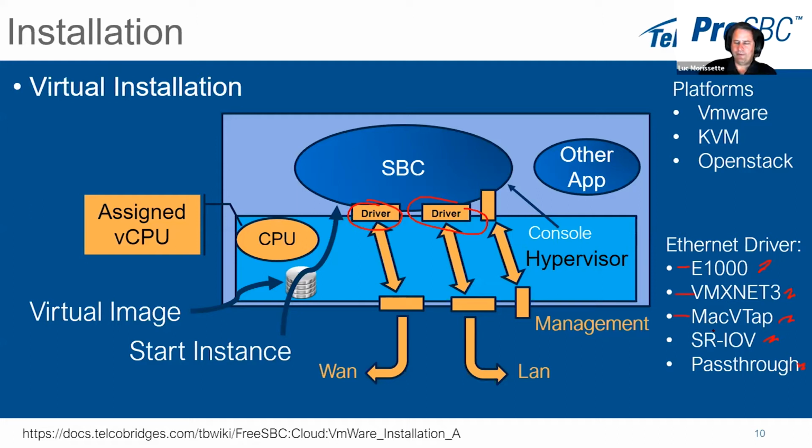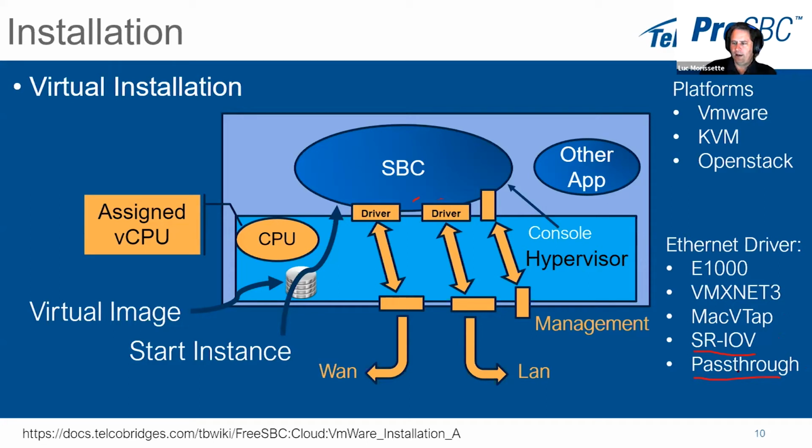These two here are a bit more efficient interfaces. Most of them are limited to about 5,000 sessions, or maybe just a bit more than 5,000 sessions. If you want to reach more than 5,000 sessions on a virtual machine, you will need to use one of those two methods, which is SR-IOV or pass-through.